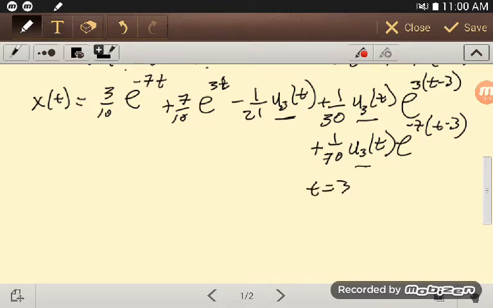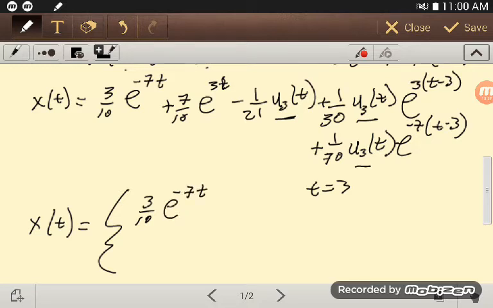And so a nice, straightforward way of writing this function is that x of t is simply 3/10 e to the negative 7t plus 7/10 e to the 3t whenever 0 is less than or equal to t strictly less than 3.